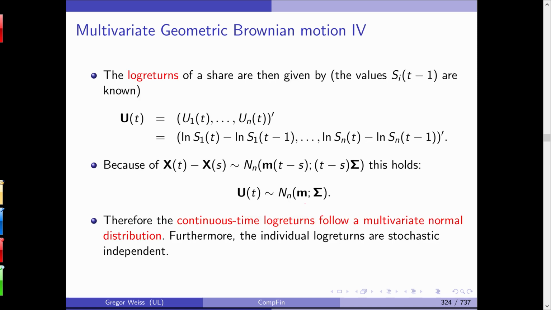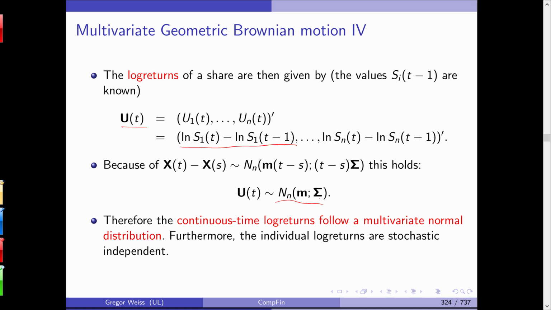Now, the log returns are given by u_t, ln S1_t minus ln S1_{t-1}, and so on. And because we are using a geometric Brownian motion for the log returns, we can see that the log returns are n-dimensionally normally distributed. In many models in finance where we use a multivariate normal distribution, we are not assuming a normal distribution directly.